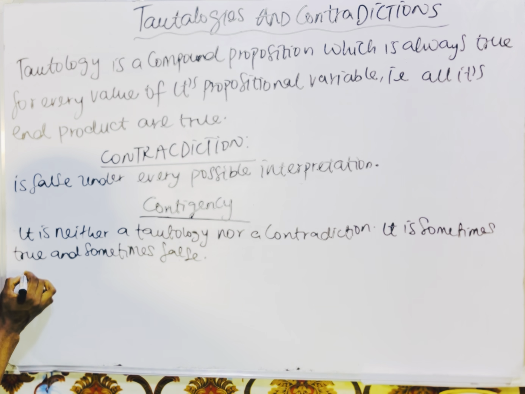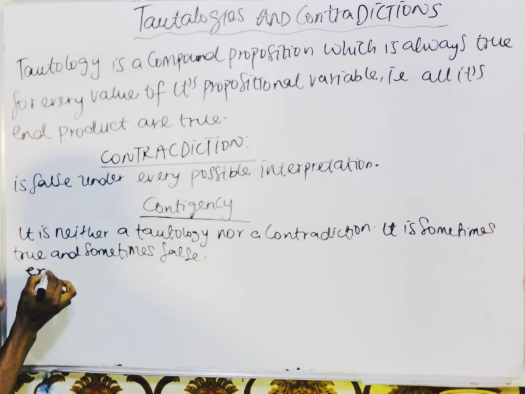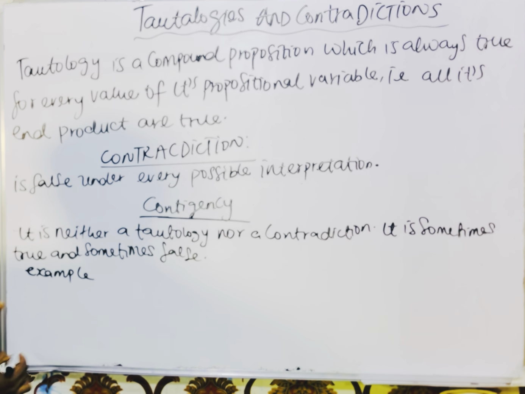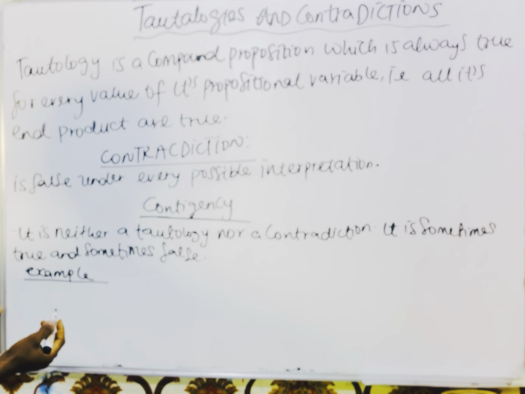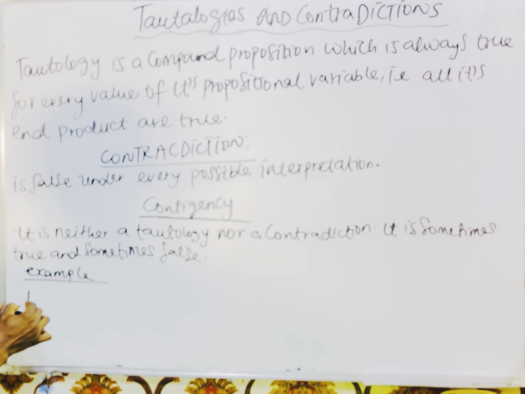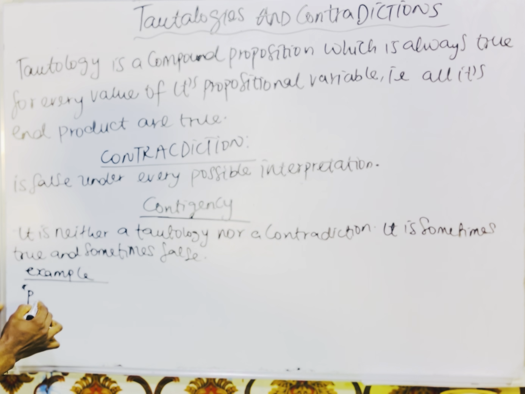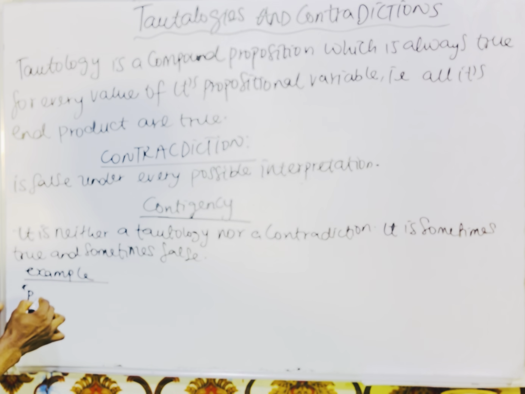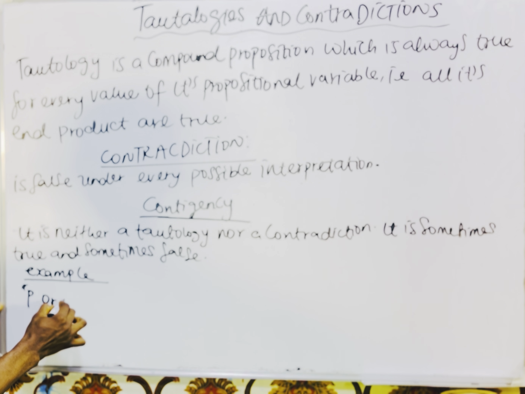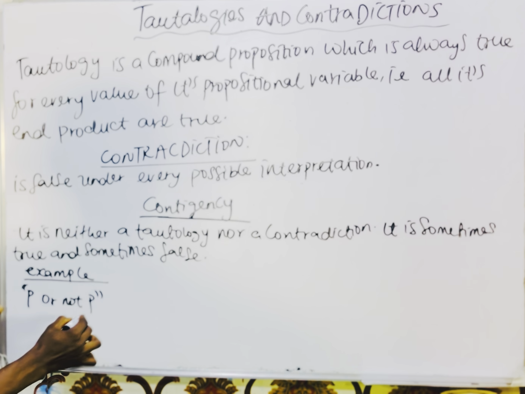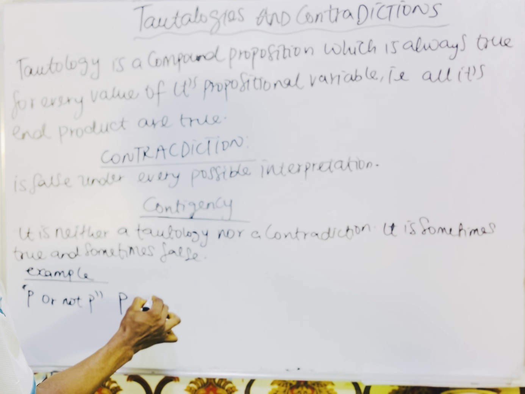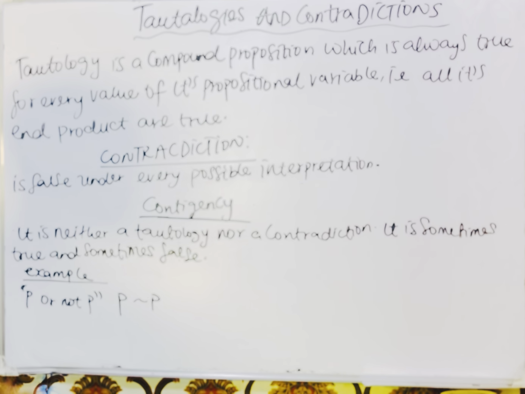For example, if I have a truth table, let me say P, then P or not P. P or not P is a tautology.